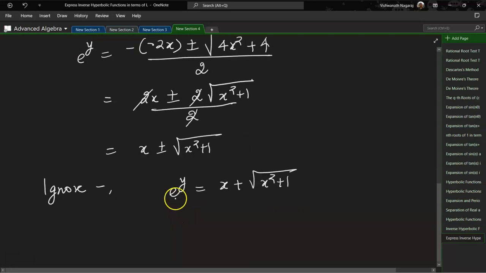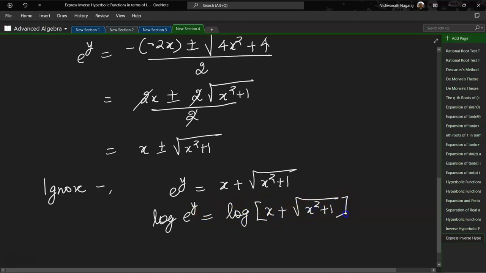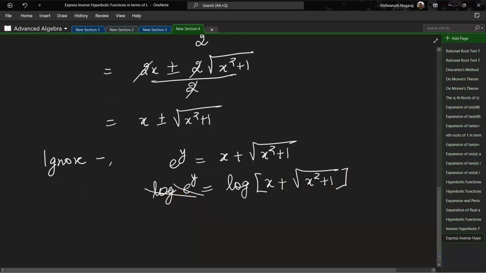Okay, now how do we get rid of this e? We take the log: log of e to the power of y is equal to log of x plus square root of x square plus 1. When we do that, log and e get cancelled because they are inverses of each other, and we are left with y is equal to log of x plus square root of x square plus 1.